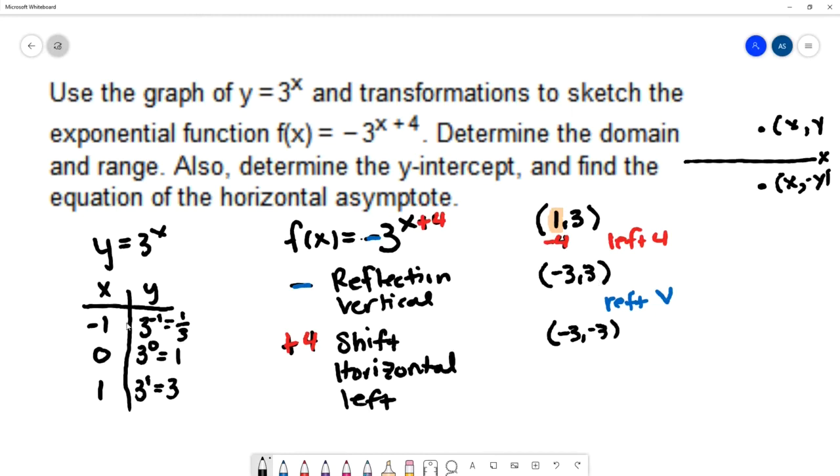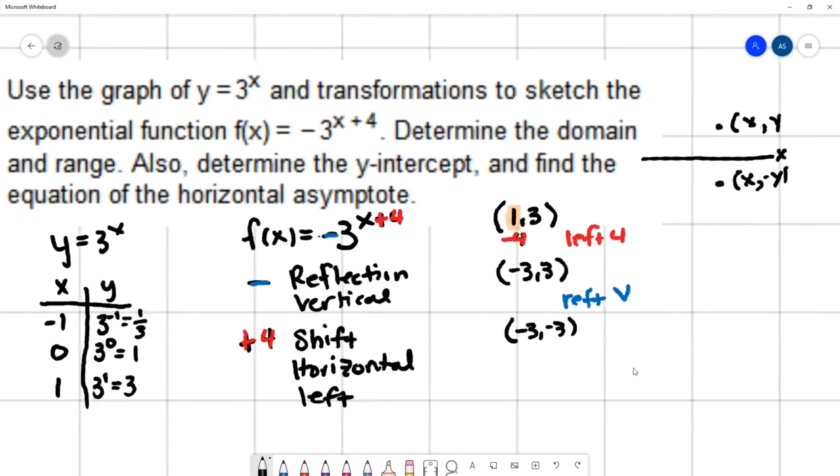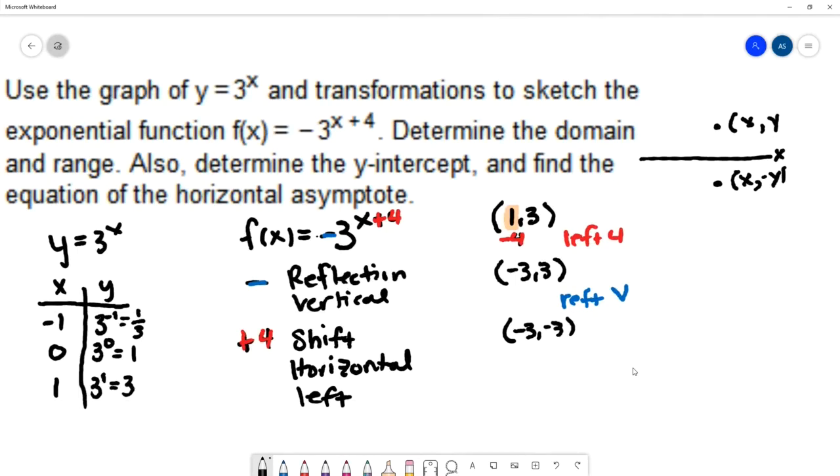And we're going to do the same thing with the rest of these ordered pairs. If we start with an ordered pair of 0, 1, if we shift it to the left 4, we're going to subtract 4 from the x-coordinate, and that's going to move it to negative 4, 1. And then if I want to do a vertical reflection, I'm going to mirror that y-coordinate, so it becomes negative 1.